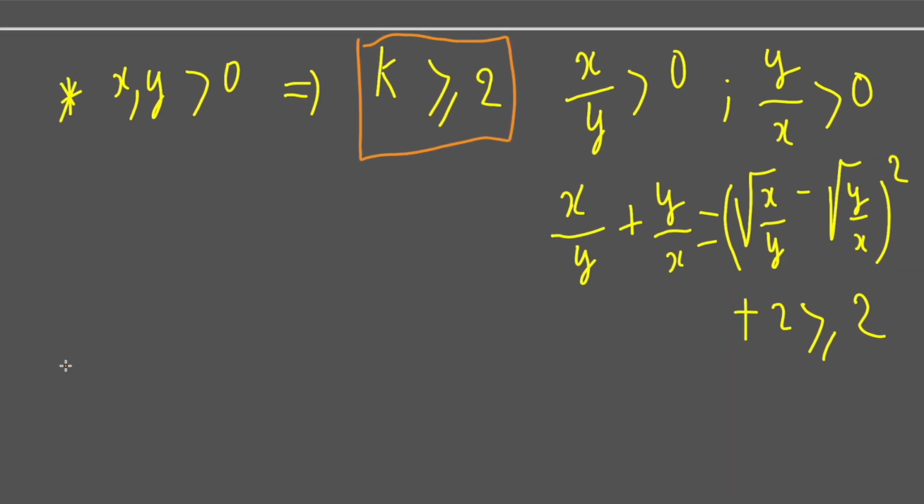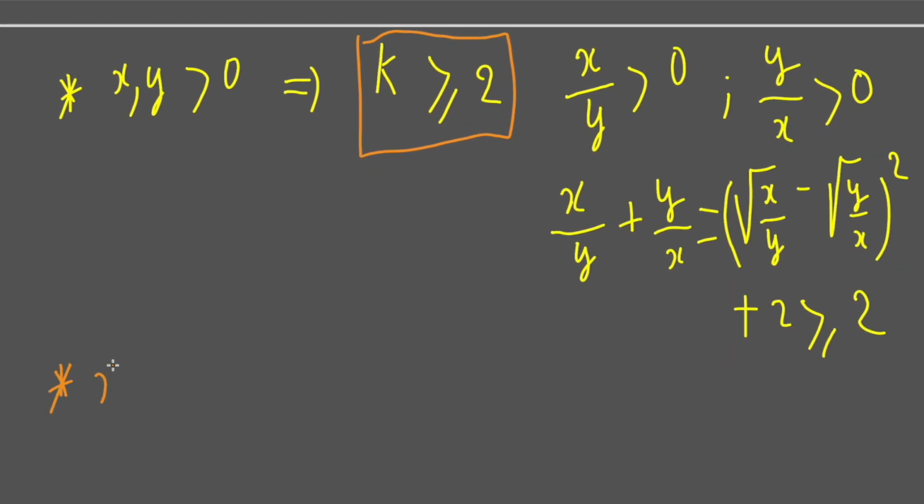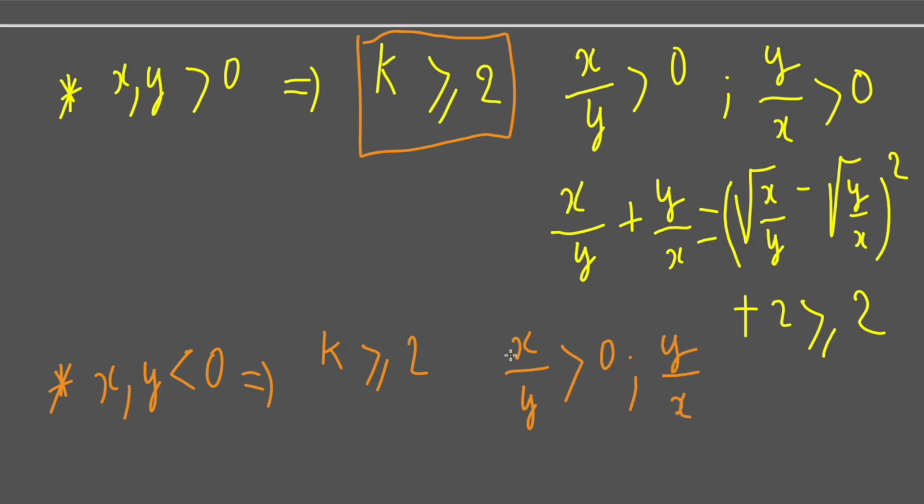The same method proves k is greater than or equal to 2 when x and y are smaller than 0, because x over y is greater than 0 and y over x is greater than 0 as well.